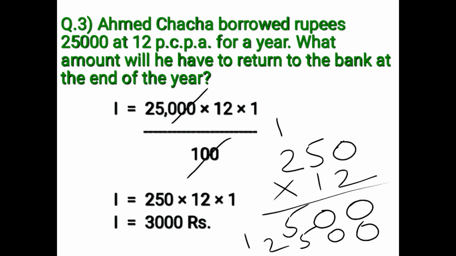Now add this. 0, 0, 5 plus 5 is 10, 2 plus 1 is 3. So I am getting 3,000.